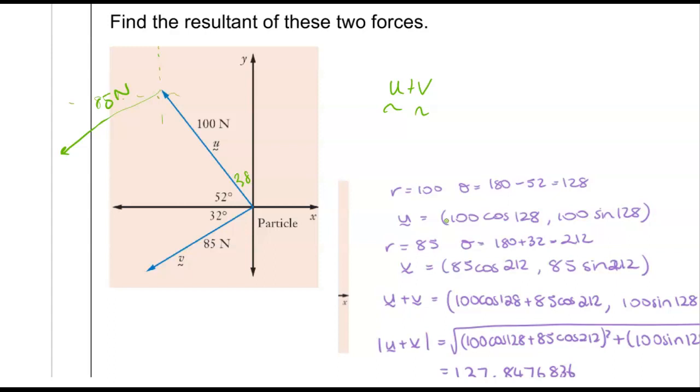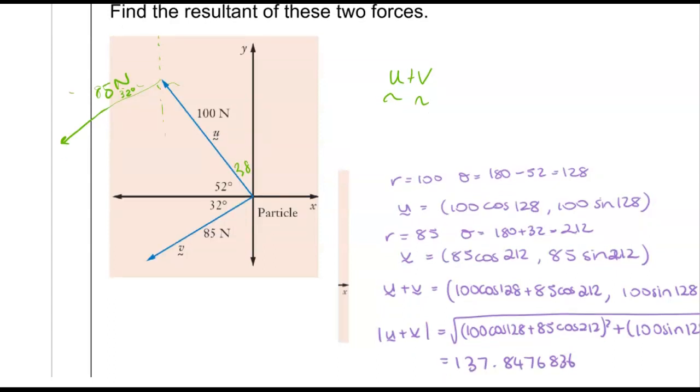You would know that that vector had 32 degrees in here, and we could work out our angle in here. There's lots of geometry to work out little bits of information. But the resultant vector I want to find is this one up here, my u plus my v, and we want to find the angle in here that meets up to that vector.